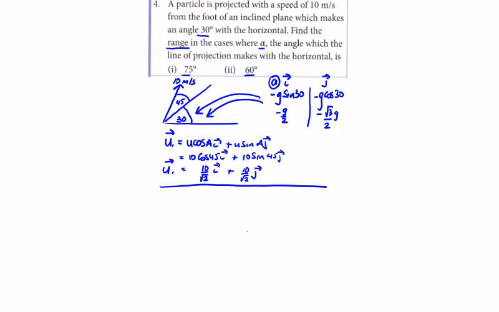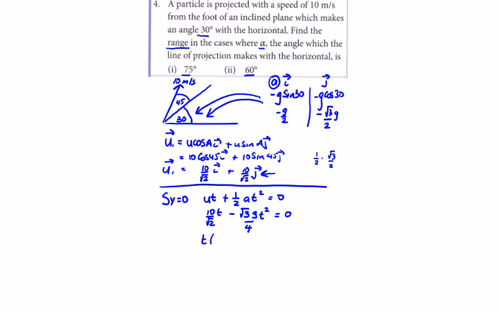So now we are asked for the range, so we need the time of flight. So when is s of y equal to 0? So when is ut plus a half at squared equal to 0? My initial velocity in the y is 10 over root 2, times t, minus a half times root 3 over 2, which is root 3 over 4, so minus root 3 g over 4 times t squared.